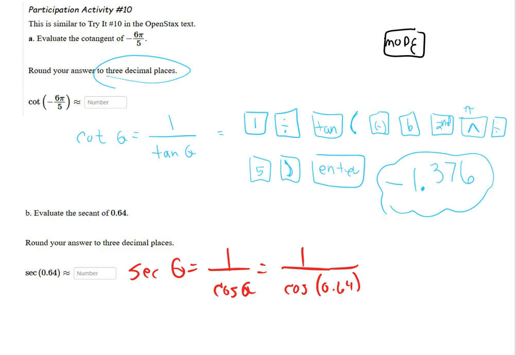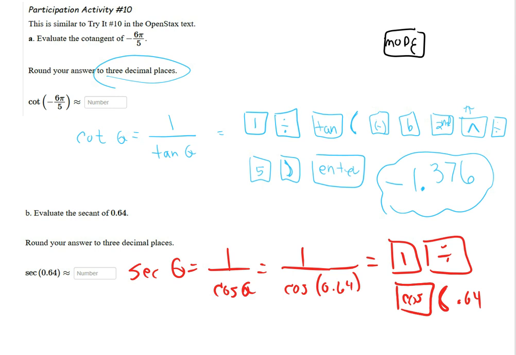So if you don't have a fraction button, you have to type in the 1, then hit the division sign, then hit the cosine button, and a cosine automatically shows a parenthesis. So then you just type in the 0.64, all right? And then you're going to have to close the parenthesis and then either hit enter or equals, whatever kind of calculator you're using.